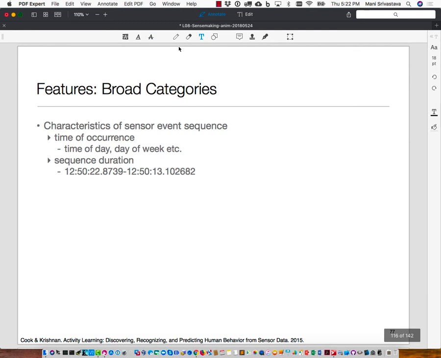So, some broad categories of features. One type of very useful features is about the whole sequence. A couple which you can imagine would be very useful are time of occurrence: what time of day it is, what day of the week it is. For example, certain activities are more likely at certain times of day or certain days of the week.